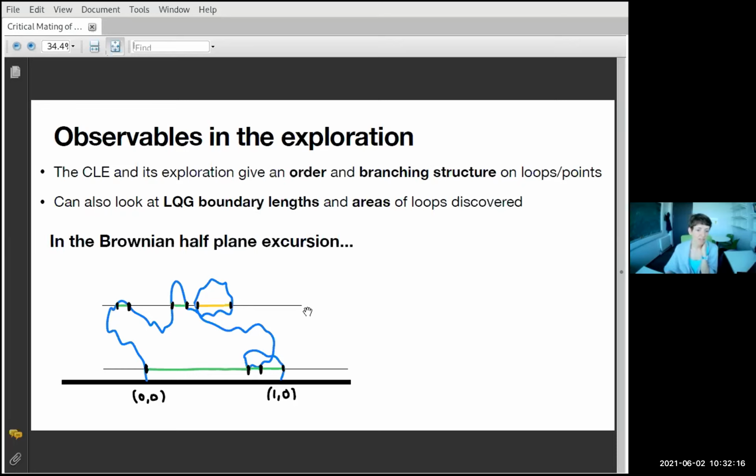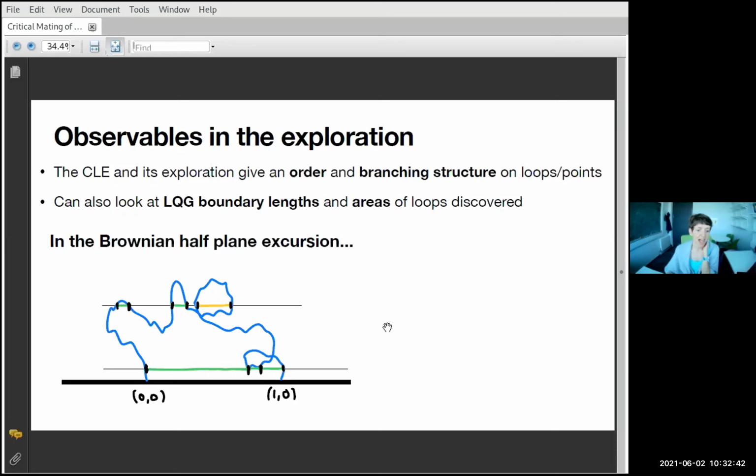So in fact, if you look at a Brownian half-plane excursion, you can do something which is to cut the Brownian half-plane excursion at a certain height. So like you can see these thin horizontal lines in the picture. And if you do that, then you can consider the sub-excursions that the Brownian half-plane excursion makes above that height. So at the bottom one, you can see there's 3 sub-excursions, and the top one, you can see there's 3 different sub-excursions.